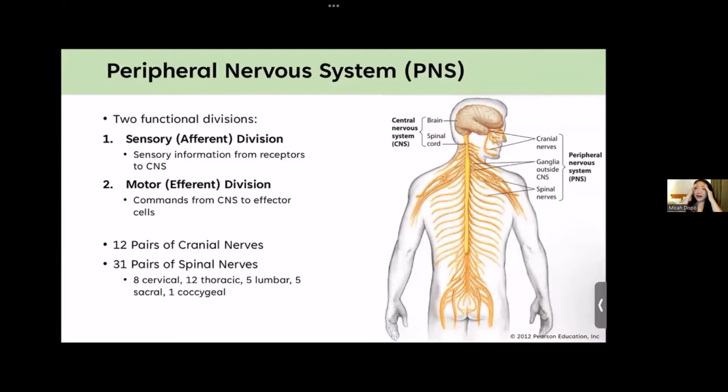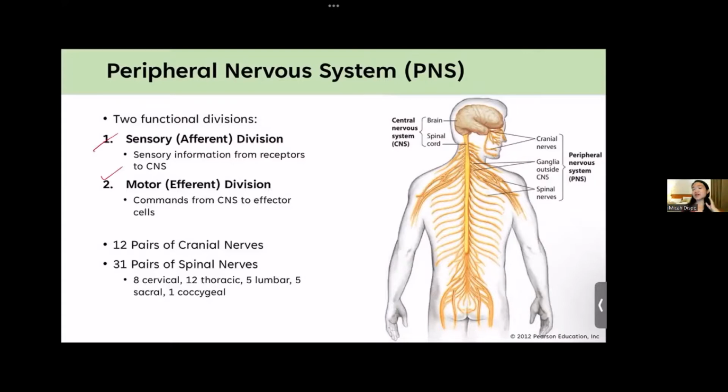And basically, your sensory division is from the receptors, from your sense organs that relay information to your central nervous system. So sensory receptors to central nervous system, that is your sensory division, while your motor or your efferent division relays commands from your central nervous system to your effector cells. All right. And again, these effector cells, to repeat, are your muscles or your glands.